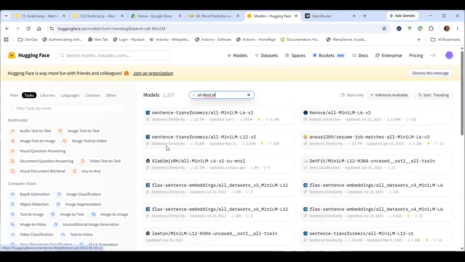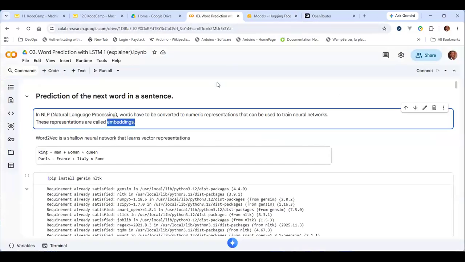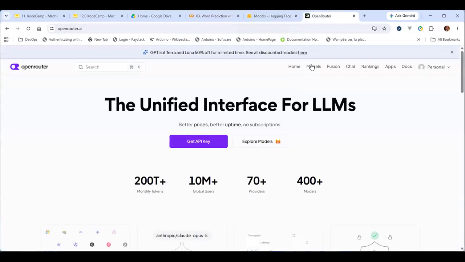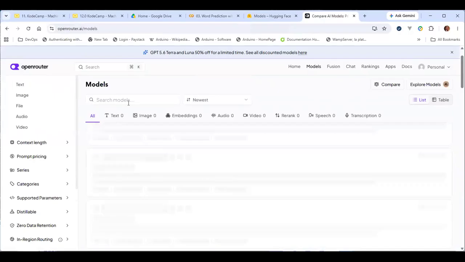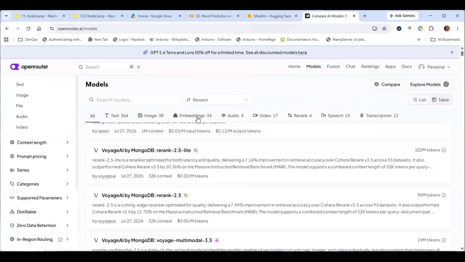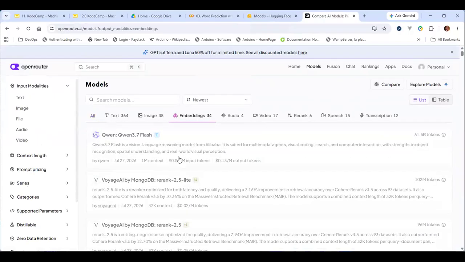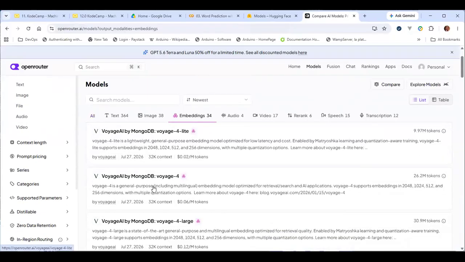They classify this under sentence similarity, which you would use if you're doing a RAG or something, right? OpenRouter has this as well, so you can go to models, and there are a whole bunch of them. These are the more modern ones. If you check embeddings, you see embedding models.